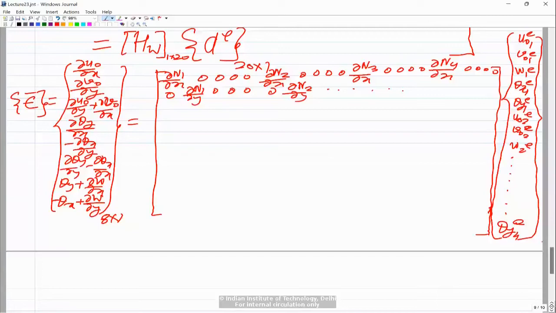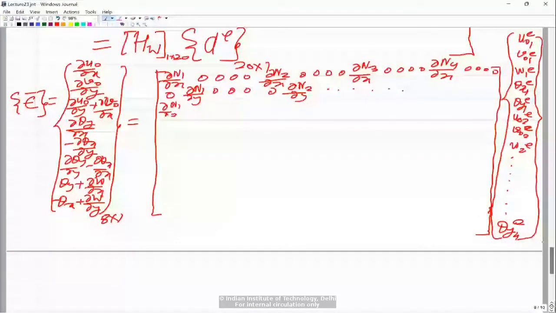The derivatives with respect to both x and y are there, because the derivative of u naught is with respect to y and the derivative of v naught is with respect to x.